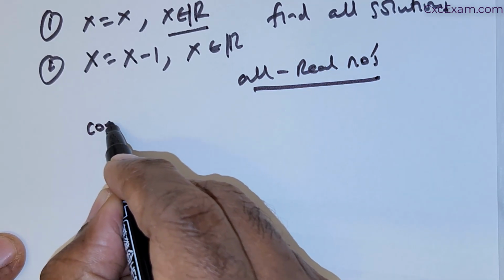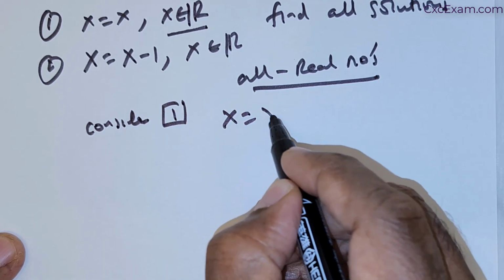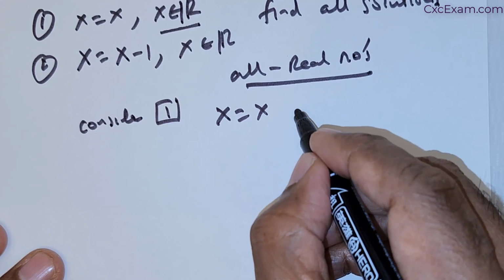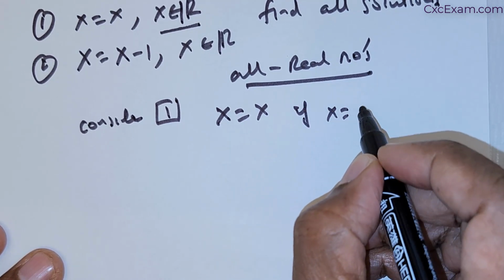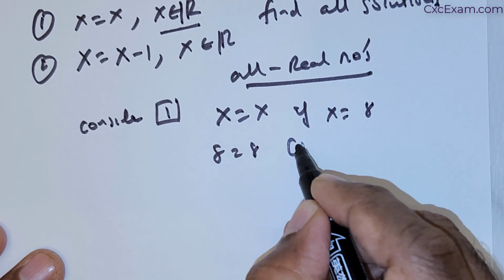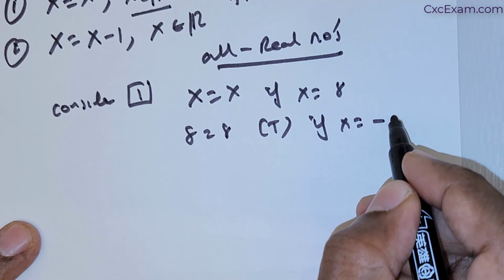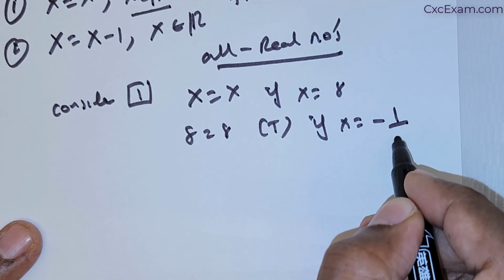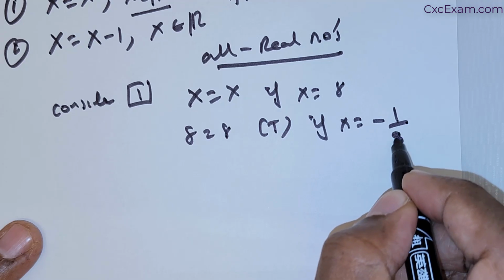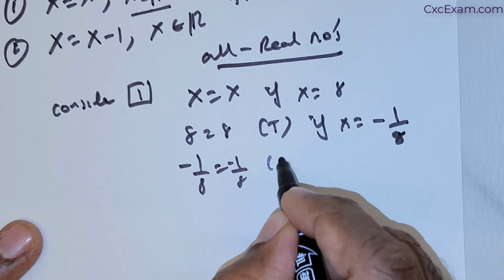Now let me consider the first system where x = x. If I take x = 8, then 8 = 8, which is true. Now if I take x = -1/8, then -1/8 = -1/8, which is true again.